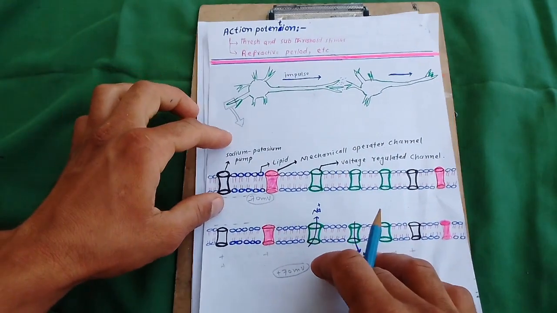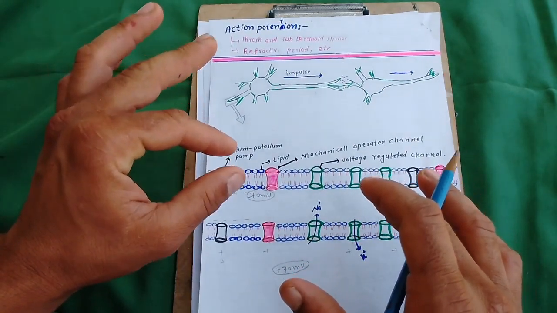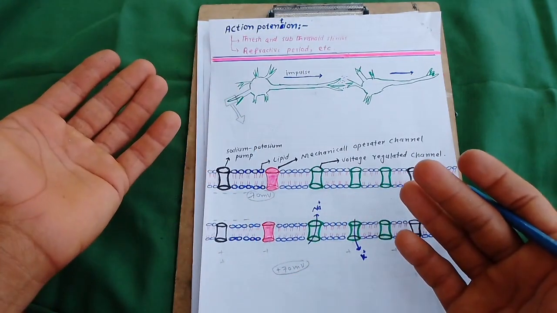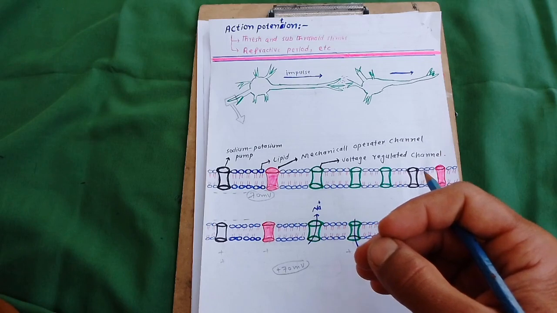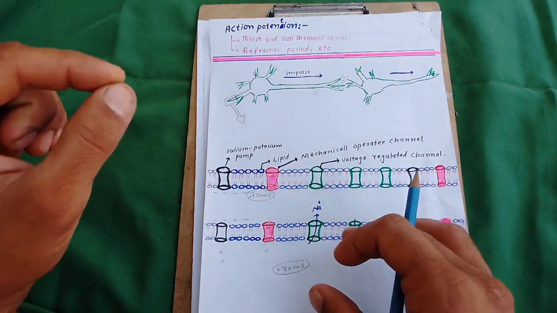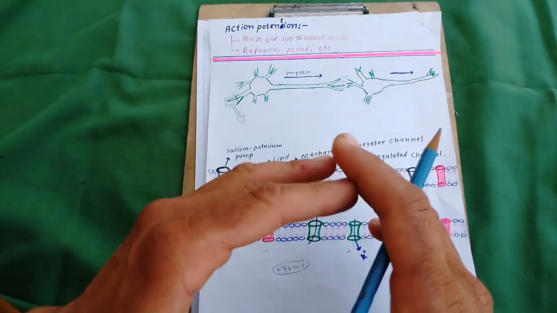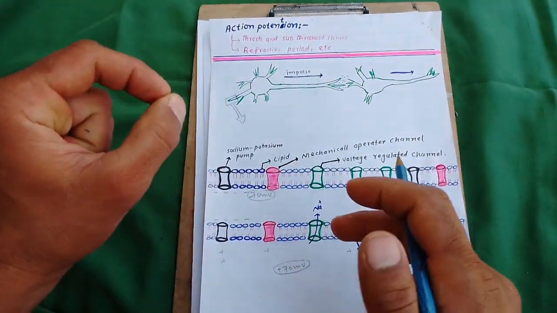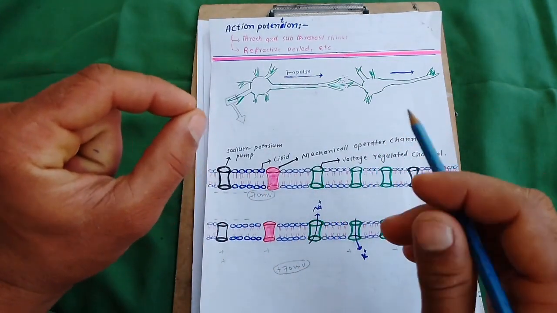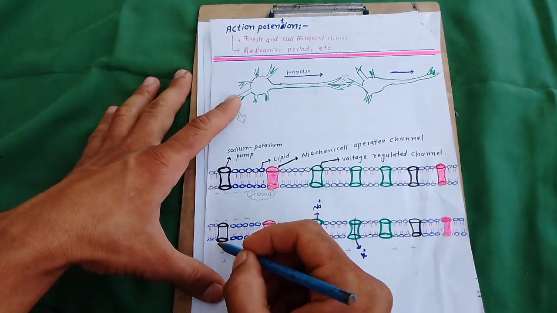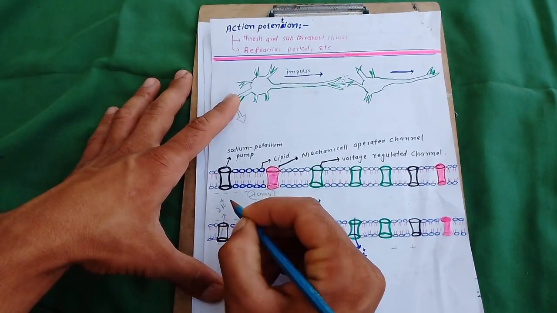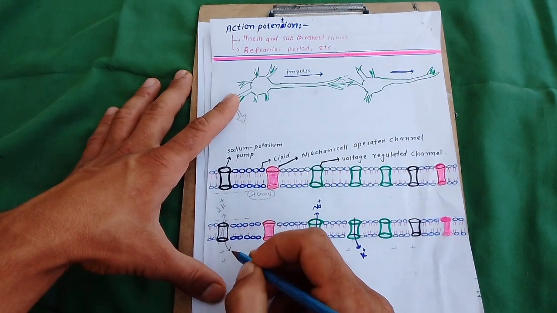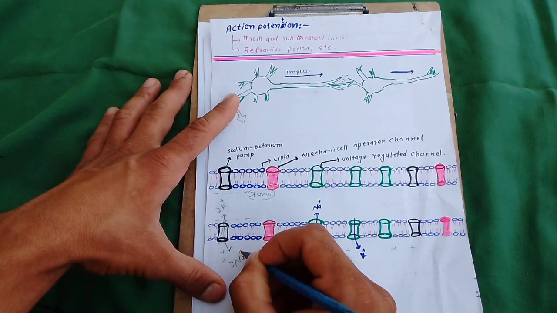Why? This is because in the resting state, each cell membrane has a specific type of pump which is called the sodium potassium pump. This is a unique pump which pumps two potassium inside and three sodium outside.